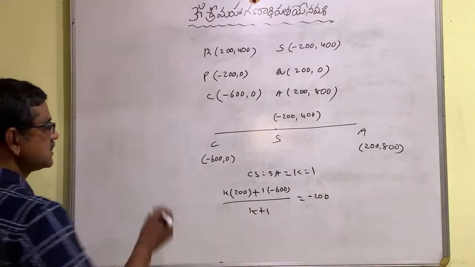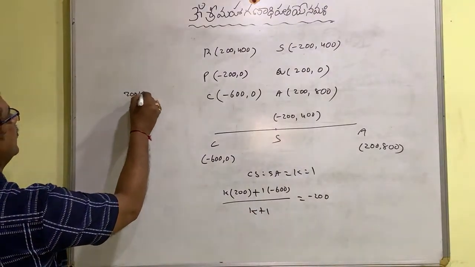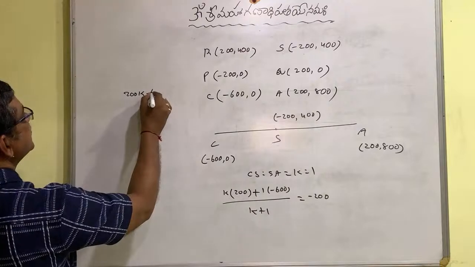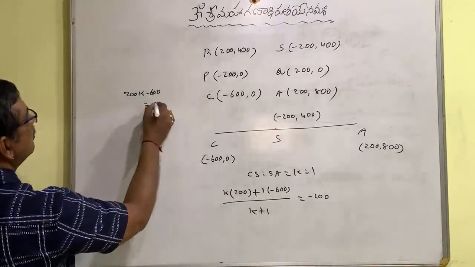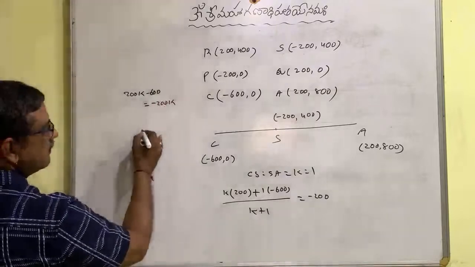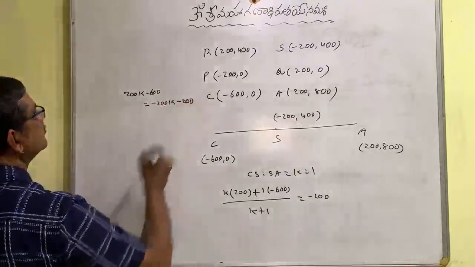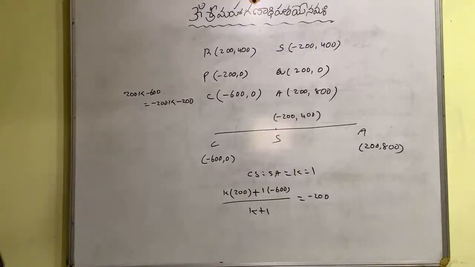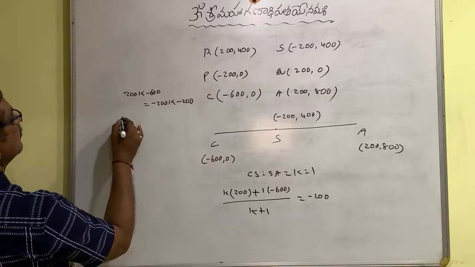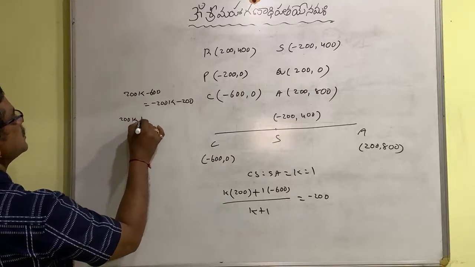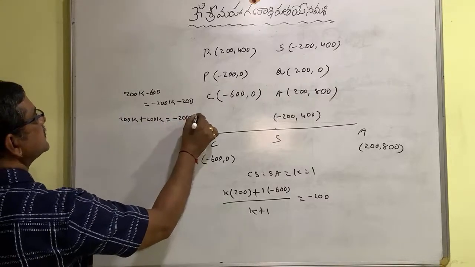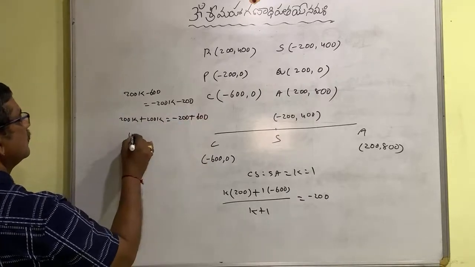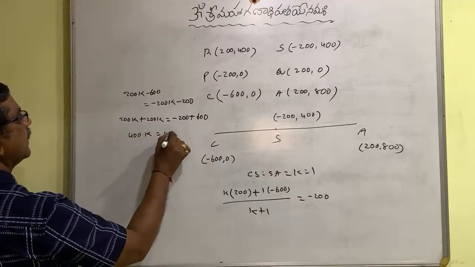Now simplify this. 200k minus 600 is equal to minus 200k minus 200. Okay, now simplify. 200k plus 200k is equal to negative 200 plus 600. 400k is 400.